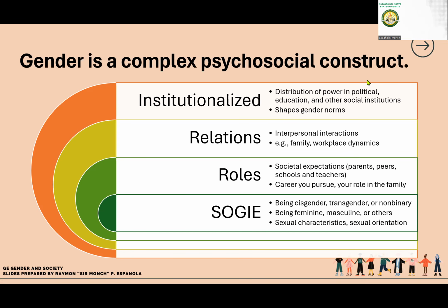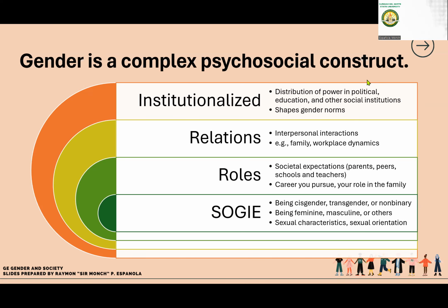Okay, so you can see here SOGIE refers to gender identity, gender expression, even sexual characteristics, anatomy, hormones, and sexual orientation, patterns of attraction. And that is at the psychological level, at the level of the person. Then there are what we call gender roles.